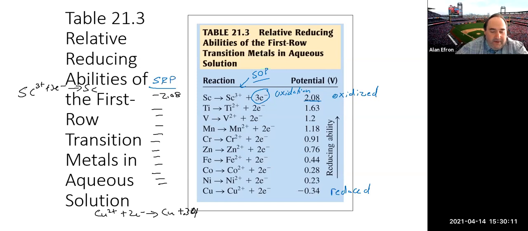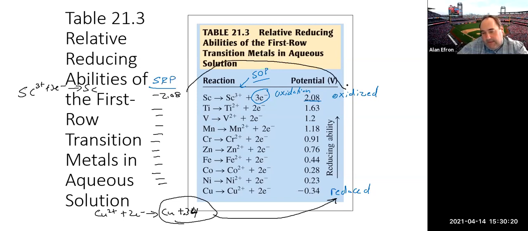And what we know is that the more positive one is most likely going to be reduced, and the more negative one will most likely be oxidized. So it is actually telling you the same thing, but you do have to watch out. Although it may look like an SRP table, it's actually the opposite. You may think it's giving you opposite information, but it's actually the same information that you would get from an SRP table.